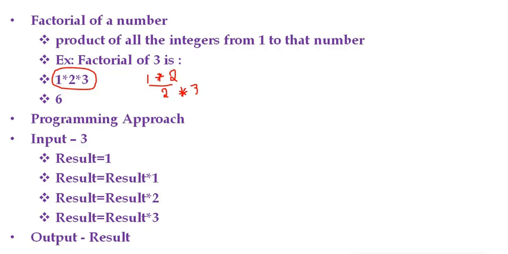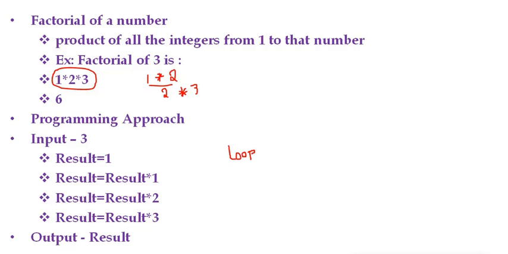If you observe carefully, the same multiplication operation is carried out 3 times. So by observing this you can say that we need an iterative statement, that is a loop.